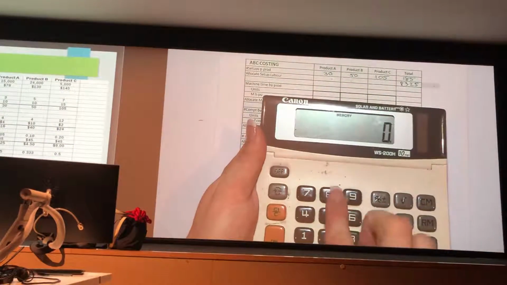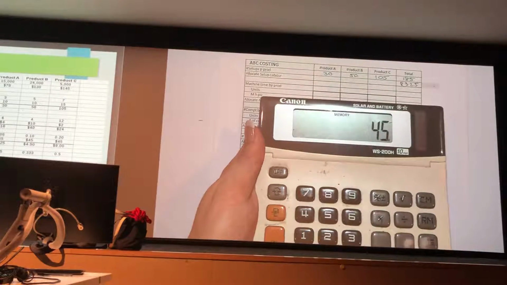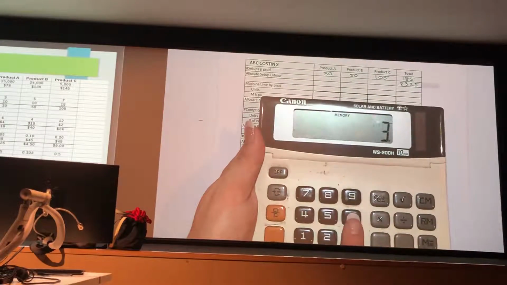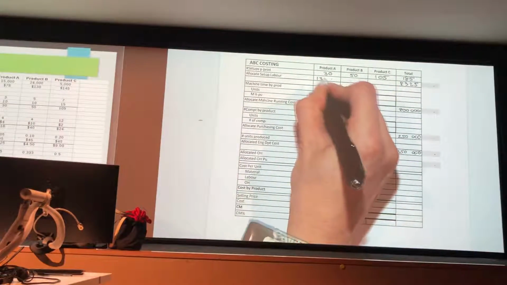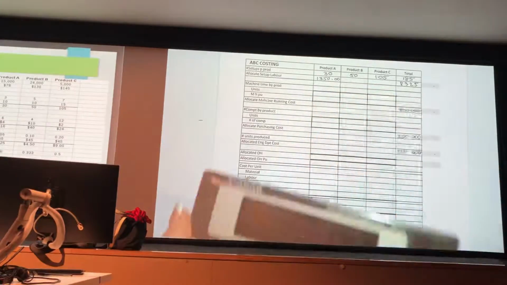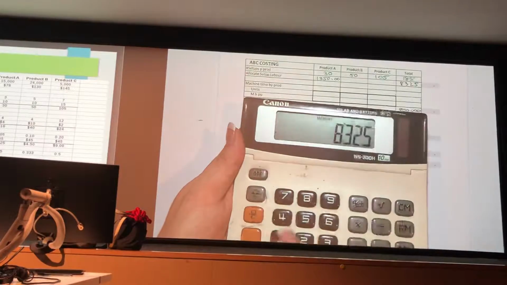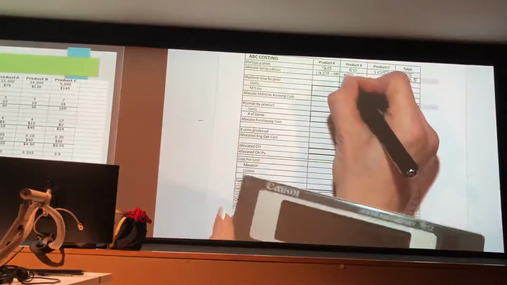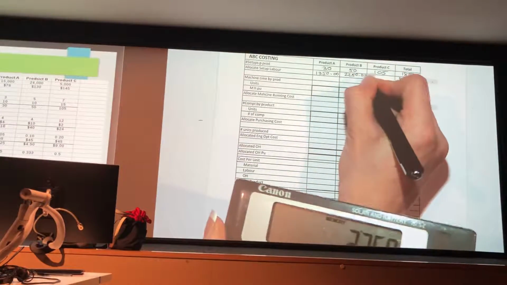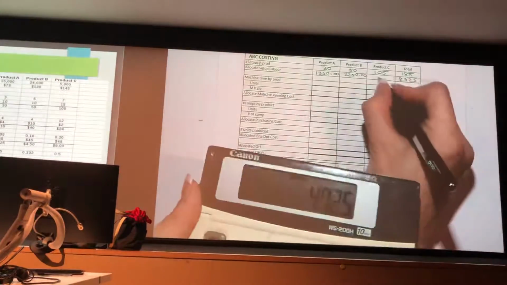So we go 8325 divided by 185, and for the first one we would go times 30, which gives us 1350.00. And so you would do the same. So we know that 8325 divided by 185 gives us 45, so we know that that's our base. 45 times 50 is 2250.00, and again 45 times 105 is 4725.00.